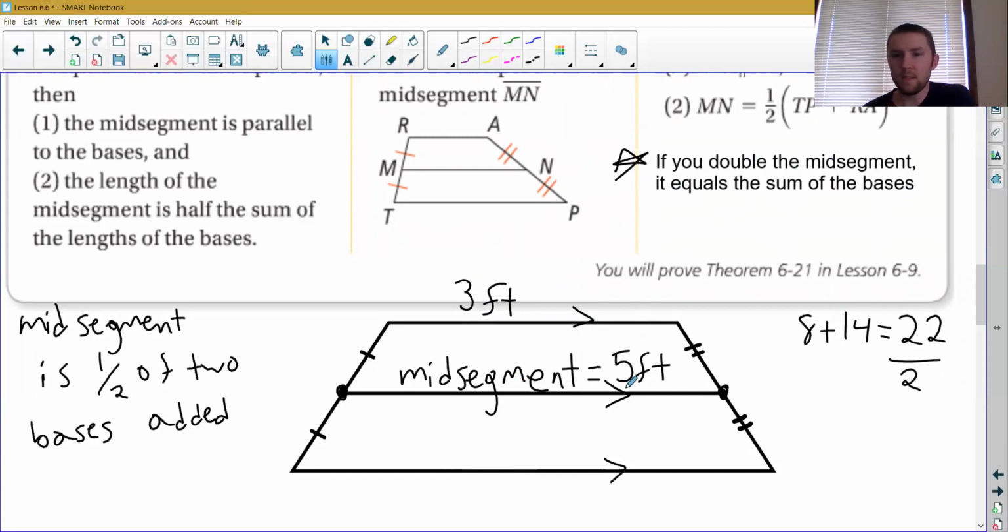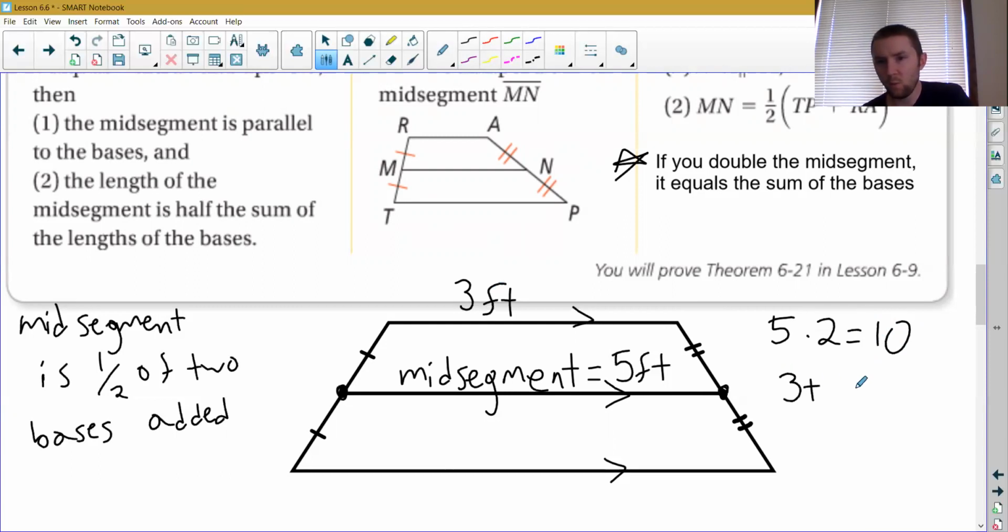So if I double the midsegment length, 5 feet multiplied by 2, that gets me the sum of the two bases, which is 10. So 10 has to be what my two bases add up to be. One of them is 3, so the question is 3 plus what gets me to 10, and that has to mean that the other base is 7 feet.